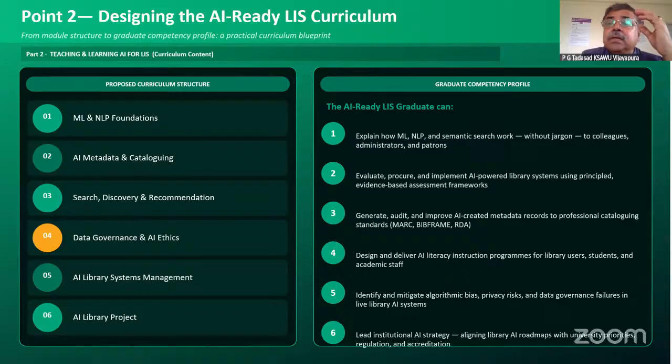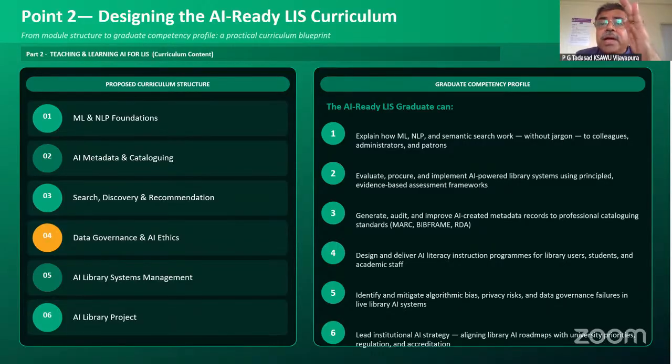In these areas, they should be able to explain what ML means, what NLP means, what semantic search means. Without jargon, it is difficult to understand these concepts.